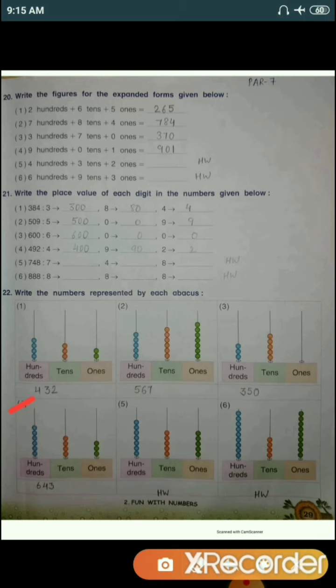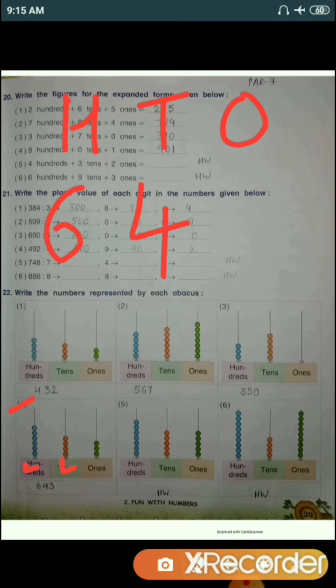Now question number 4. Again hundreds, tens and ones. You can see here on the hundreds place how many beads are represented. There are total 6 beads. In the tens place how many beads are there? There are total 4 beads.